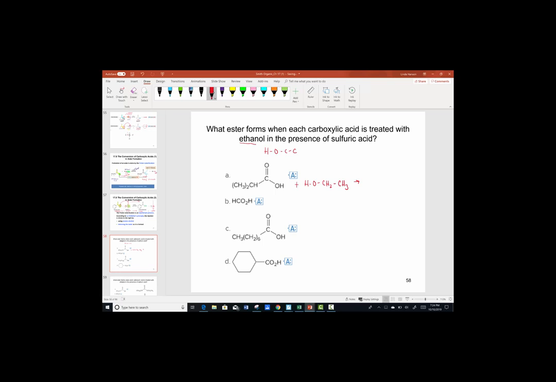In a Fischer esterification reaction, predict the products. Notice that we're always forming a water, and that's by taking the proton here with the OH here. That combines to make your water molecule, leaving the OCC to go onto the original OH group.